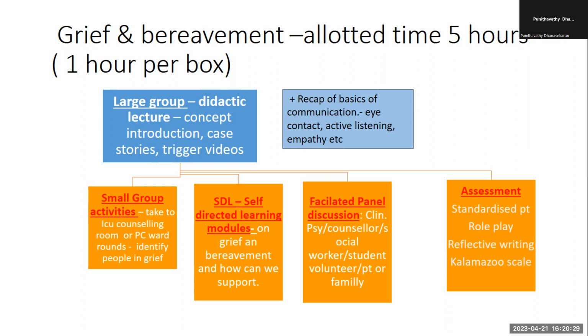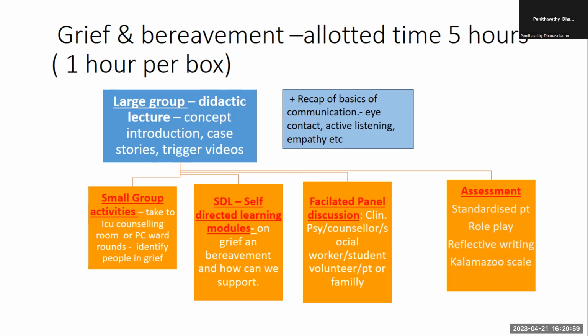Ma'am, in a small group activity, what came to our mind was we can take them to the ICU counseling rooms, where people break bad news and we can see how the family or caregiver takes the news, and the stages of grief can be shown there. Students can shadow the counseling room activities and then write reflective notes on it.